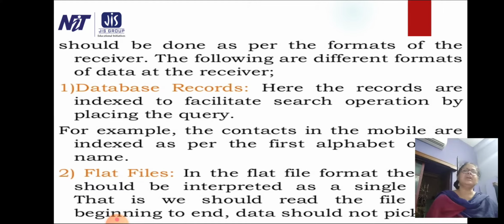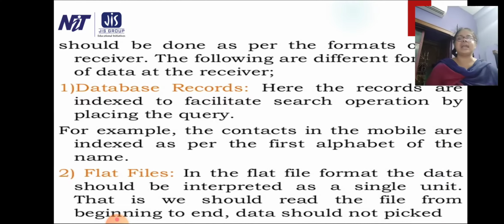The following are different formats of data at the receiver. Database records. Here the records are indexed to facilitate search operations by placing a query. For example, the contacts in the mobile are indexed as per the first alphabet of the name.